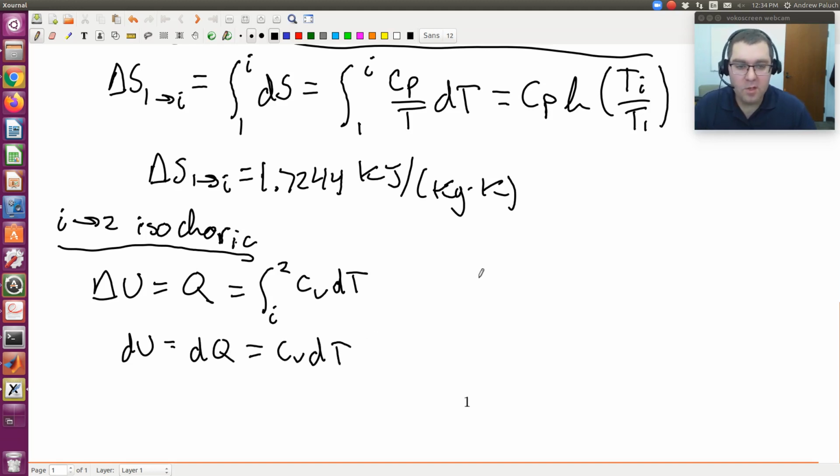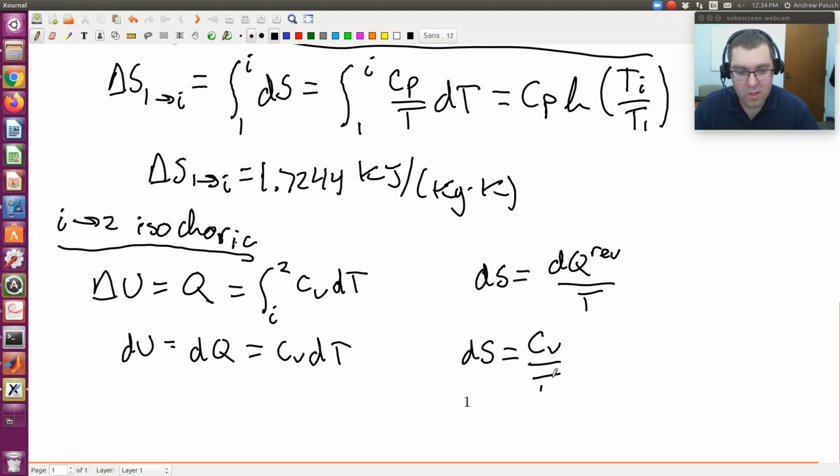Now my definition of entropy is that ds is equal to dq reversible over T. This is the change in heat for a reversible process. From my expression here, dq is equal to Cv dT, so dq over T would be Cv over T dT.